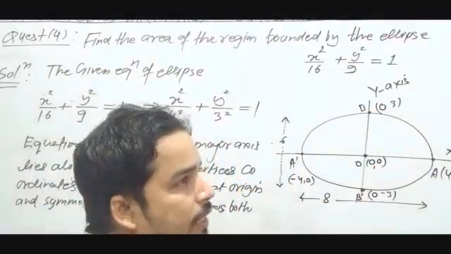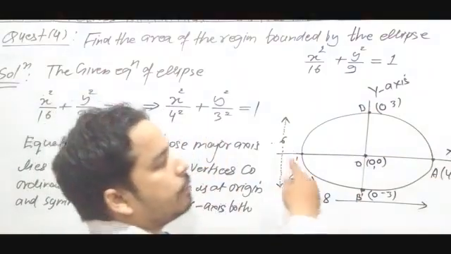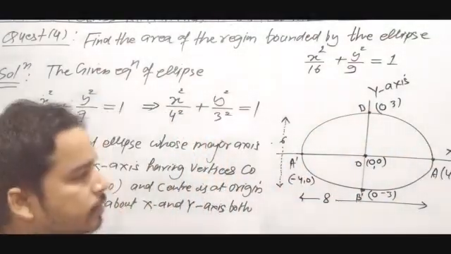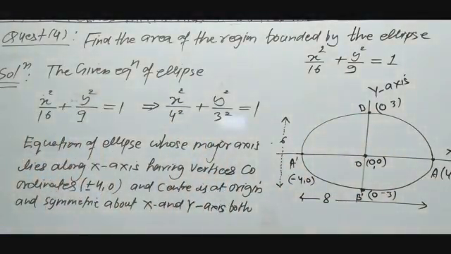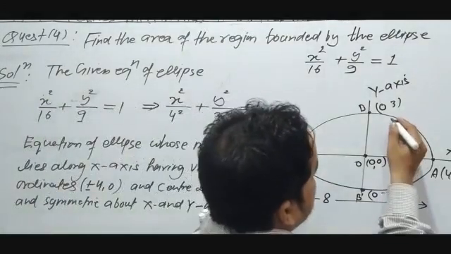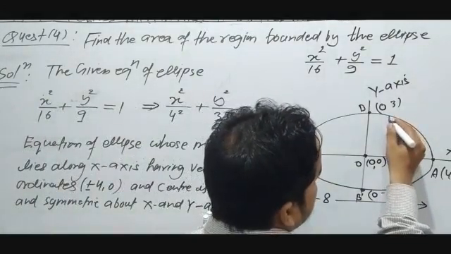The area of ellipse is 4 times the area of each quadrant. So we are going to simplify area of single quadrant.